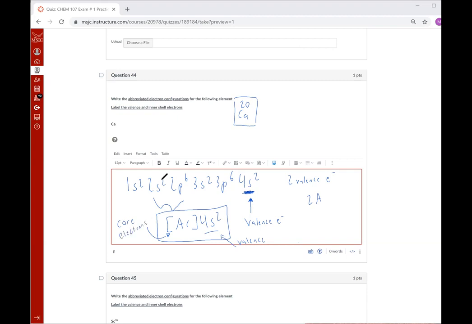So core electron means the inner shell electrons. Yep, exactly. So when I write the answer, do I just write the argon as the core electrons? Yep, or you can also call them inner shell.